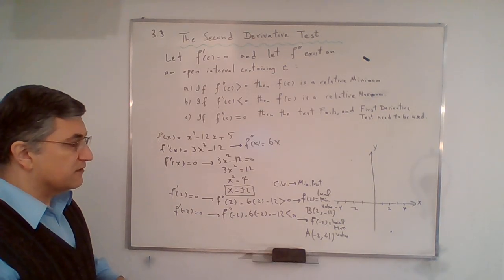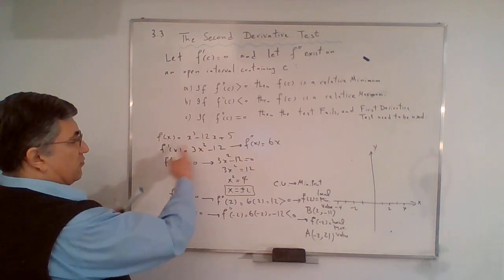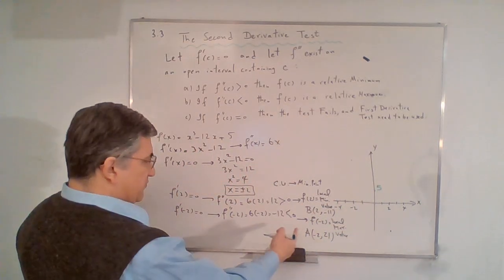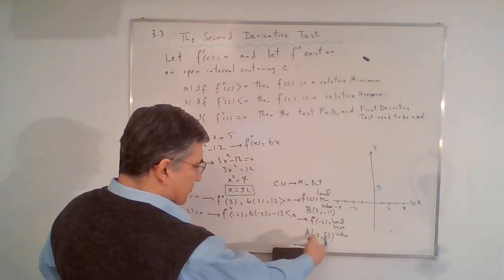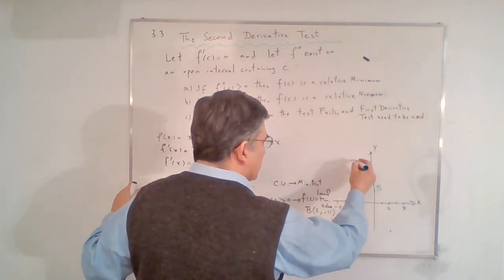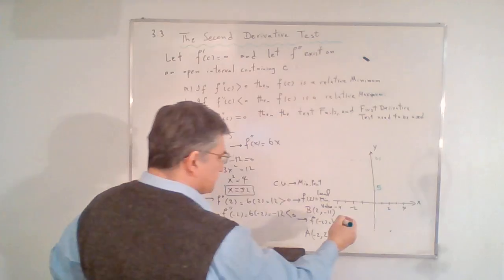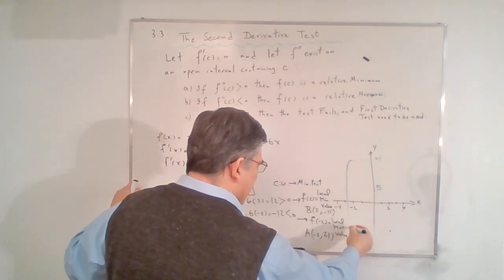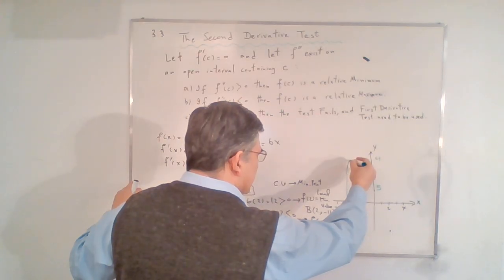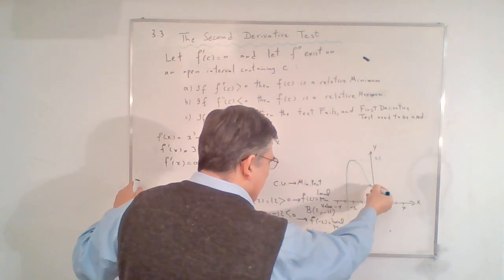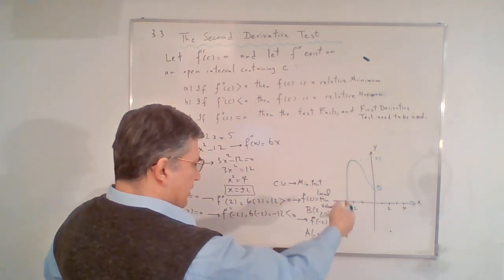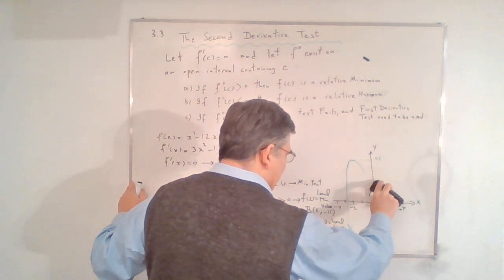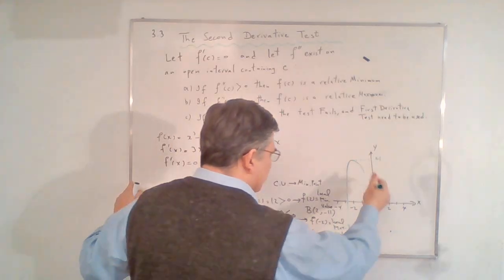How would the graph look like? Well, the y-intercept is 5, so this is the y-intercept of 5, and we have a local maximum at negative 2 and 21. So if this is like 21, we have a local maximum. So the graph would look like something like this, and then it's going to cross the y-axis at a y-intercept of 5.